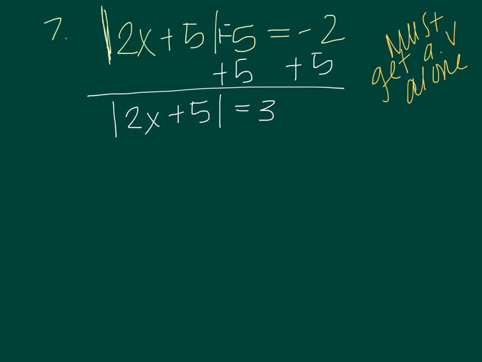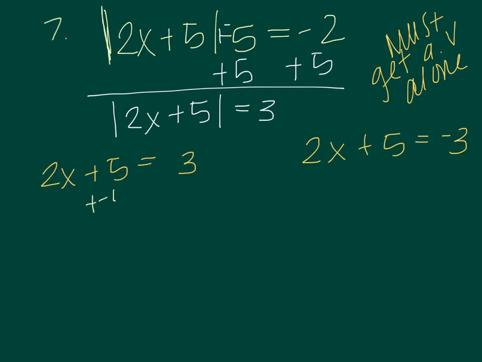So take 15 seconds and see if you can create the two equations. You should have come up with 2x plus 5 equals 3 and 2x plus 5 equals negative 3. Now I want you to pause it and take about a minute and a half and solve and graph in your small group.